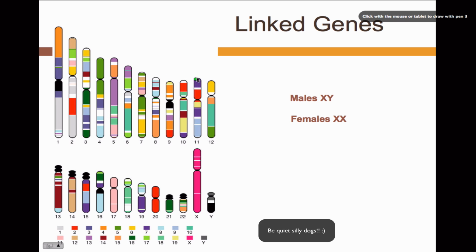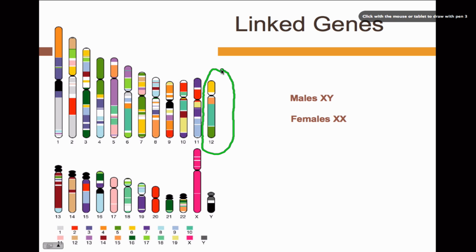All right, we now know that some traits are linked on the genes. This diagram shows the 23 chromosomes that humans have. If we look at, say, chromosome 12, it has genes on it. The different colors represent the different genes.